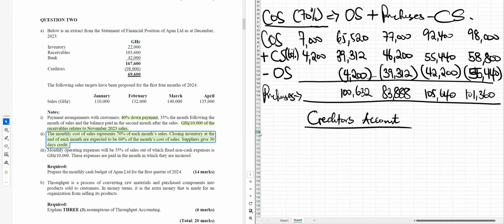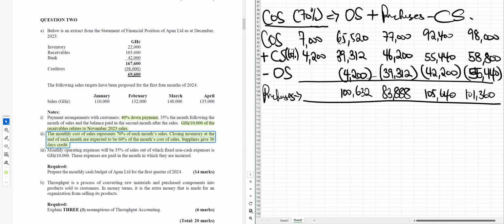In the creditor's account, I think the last one was in December. In December, they gave us only the closing credit. Oh, this one, they've simplified it. So we can even use this one to get the purchases that we have. Let's just take it. That means it's cash.